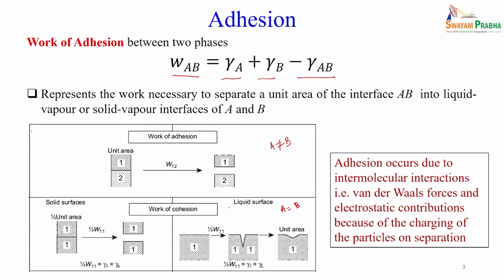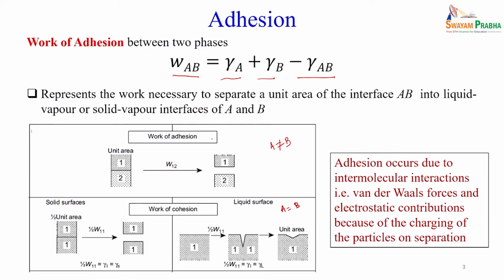So, if you recall the last lecture, in case of either adhesion or cohesion, the work necessary, or the change in free energy required, to separate the unit area of the interface, that interface may be either the liquid-vapor or the solid-vapor interface. So, to create the unit area, the work done or free energy change is the work of adhesion.